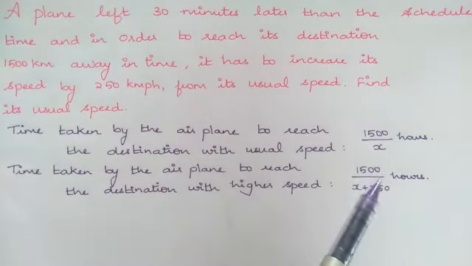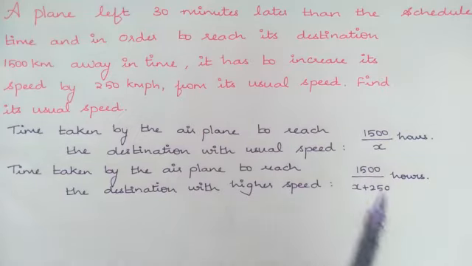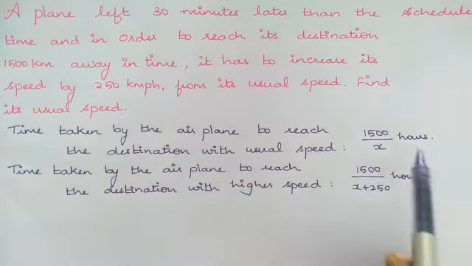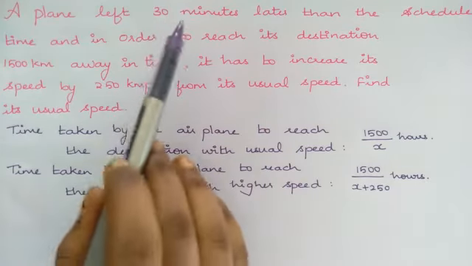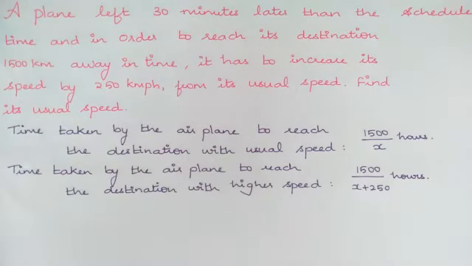Now it is told that the airplane starts 30 minutes late, so the actual time minus the new time is going to be 30 minutes. Since both are in hours, we are going to convert 30 minutes also to hours for our convenience. 1 hour is equal to 60 minutes.